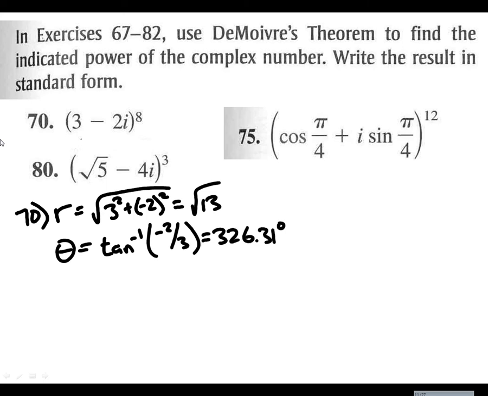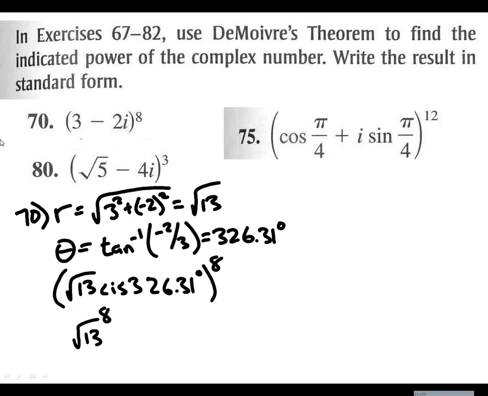All right, so we have rad 13 cis 326.31 to the 8th power. Here's what we're going to do. We're going to take the rad 13 and raise that to the 8th. We're going to do cis of the angle, 326.31, times 8.